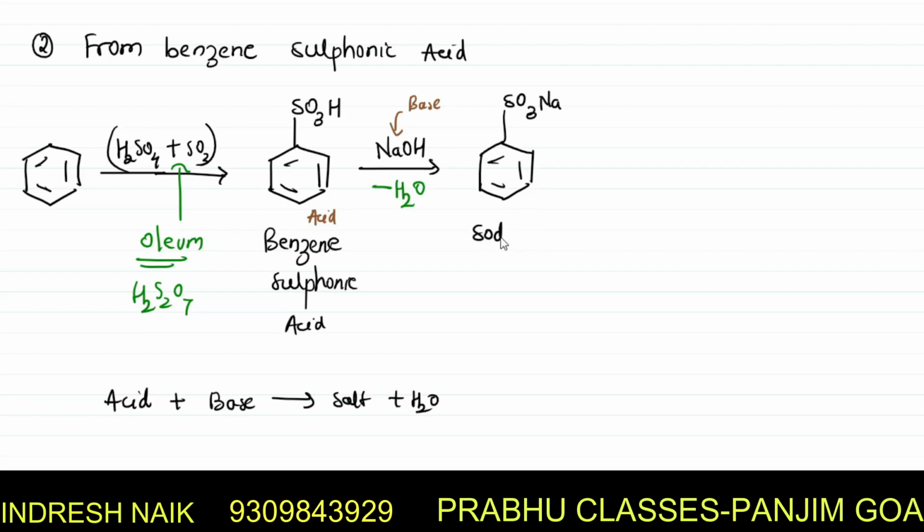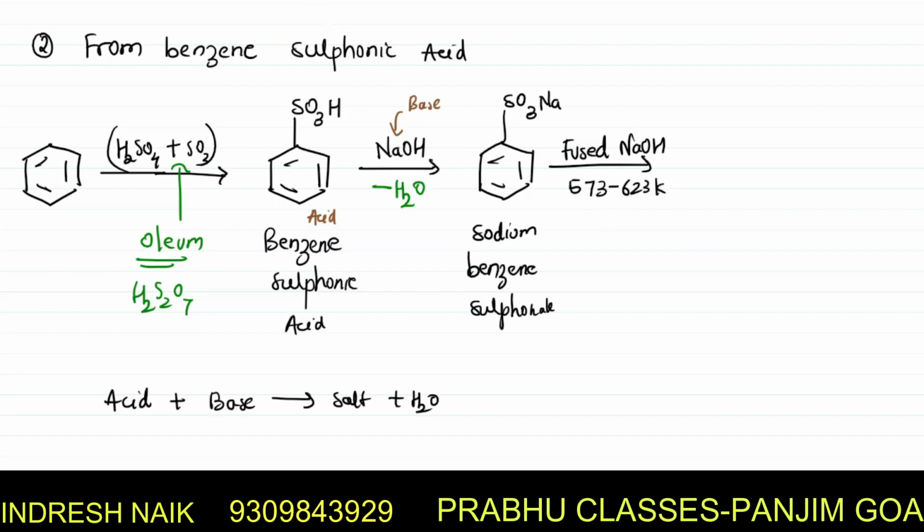The product what you are getting is over here, not a final product, sodium benzene sulfonate. Further it is fused with NaOH. Again, temperature required is very high, 573 to 623 Kelvin, right? This is the temperature.